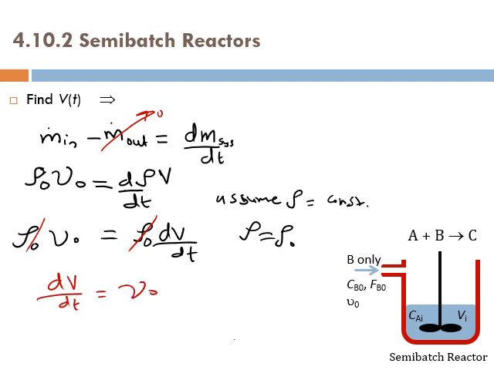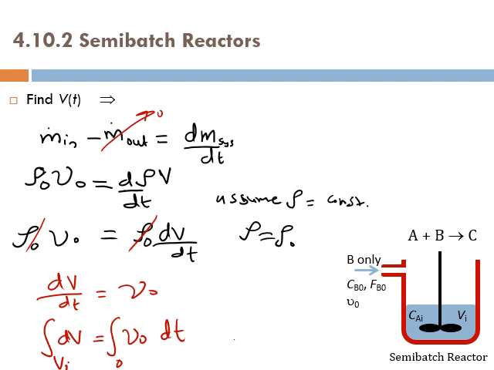Of course, now we can integrate if we want. Okay, so let's integrate. dV equals epsilon naught dt, integrating from time 0. At time 0, of course, V equals Vi, the initial volume.